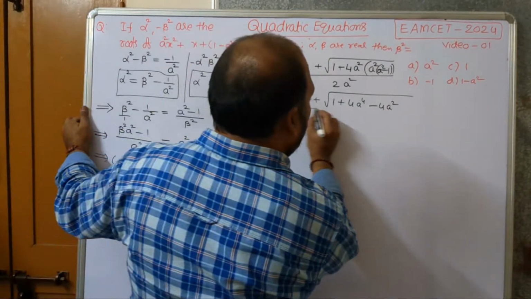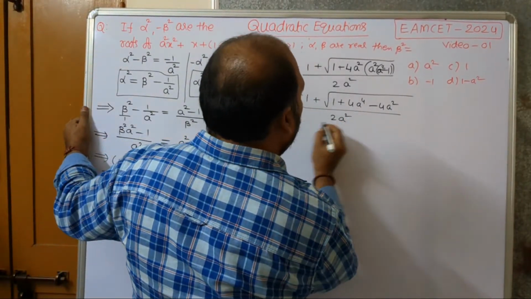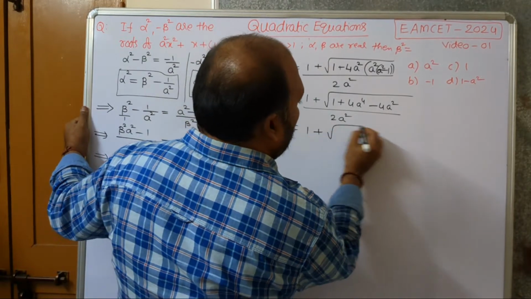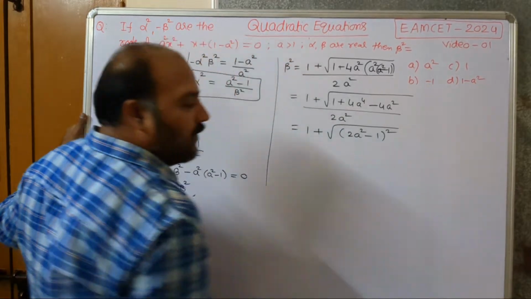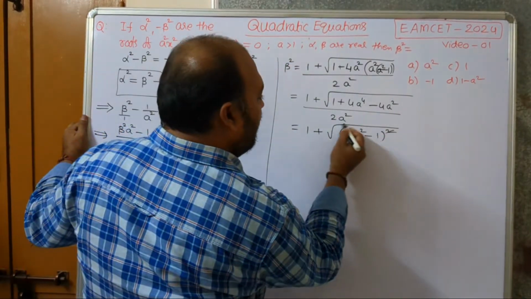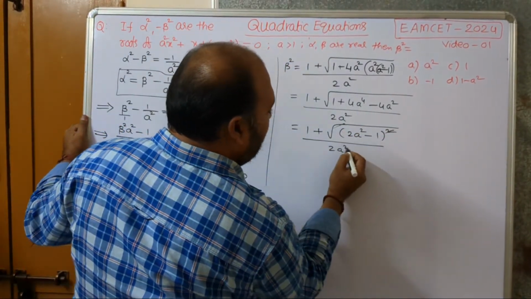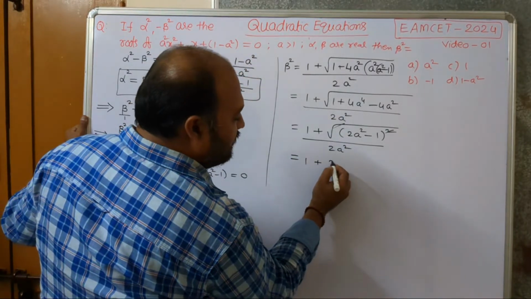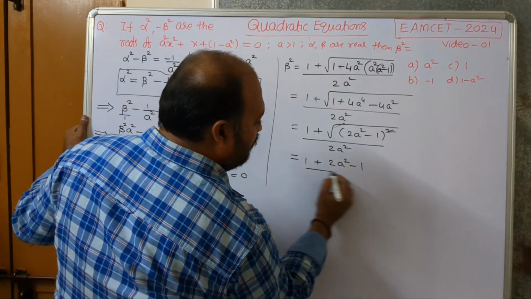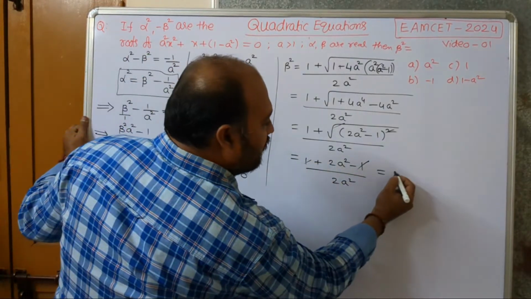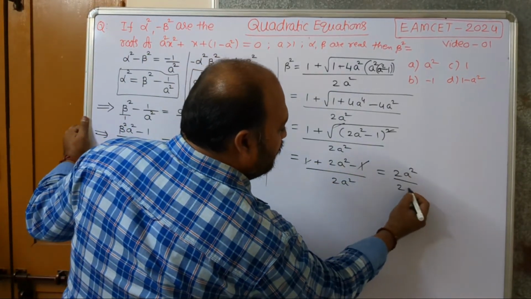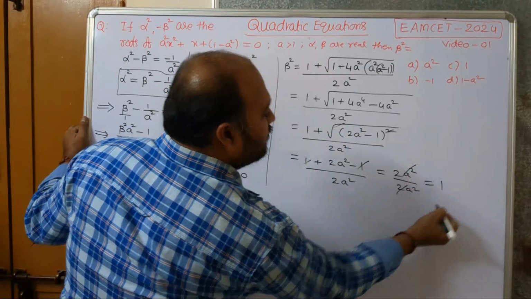So this can be done as 2a square, 1 plus root, this is 2a square minus 1 whole square will come. So root and square cancel by 2a square, which is equal to 1 plus 2a square minus 1 by 2a square. Minus 1 plus 1 get cancelled. 2a square divided by 2a square is equal to 1.